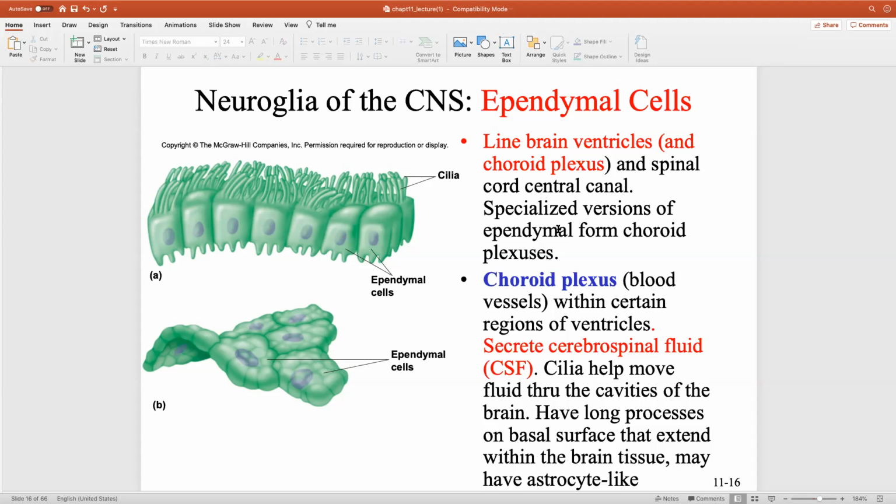It is in that fourth ventricle region where the CSF starts to leak out internally, from the inside of the brain outwards. So there are little openings that allow the CSF to leak outwards. Then it's going to bathe the brain and the spinal cord with that CSF.